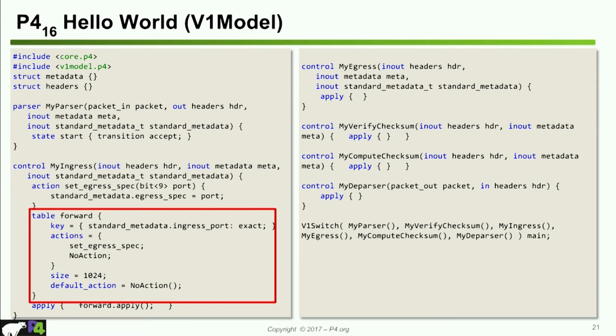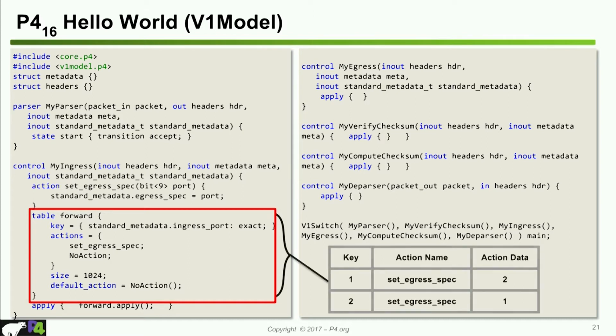And so the table entries will specify which action should be invoked for different values of the key, so different values of the ingress port. These table entries say that if a packet comes in and the ingress port is 1, then invoke the set_egress_spec action and pass the parameter 2 to that action.